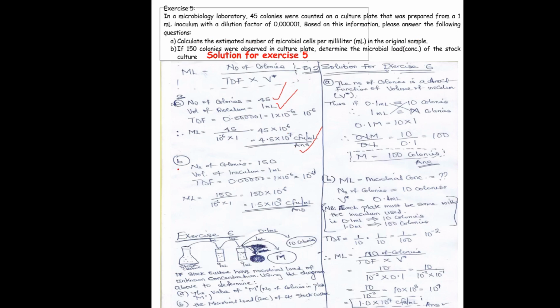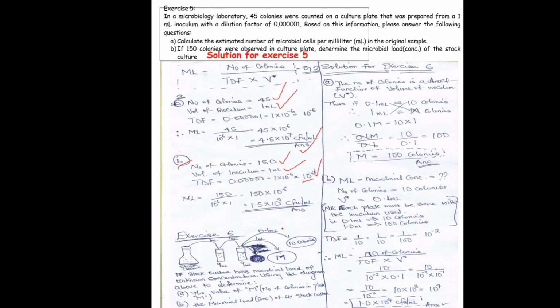Then question B of exercise 5 says, if 150 colonies were observed in the culture plate now, determine the microbial load or concentration of the stock solution. Let's solve this question: if 150 was found, no longer 45, the volume of inoculum is 1, TDF is still the same, nothing changed in TDF.